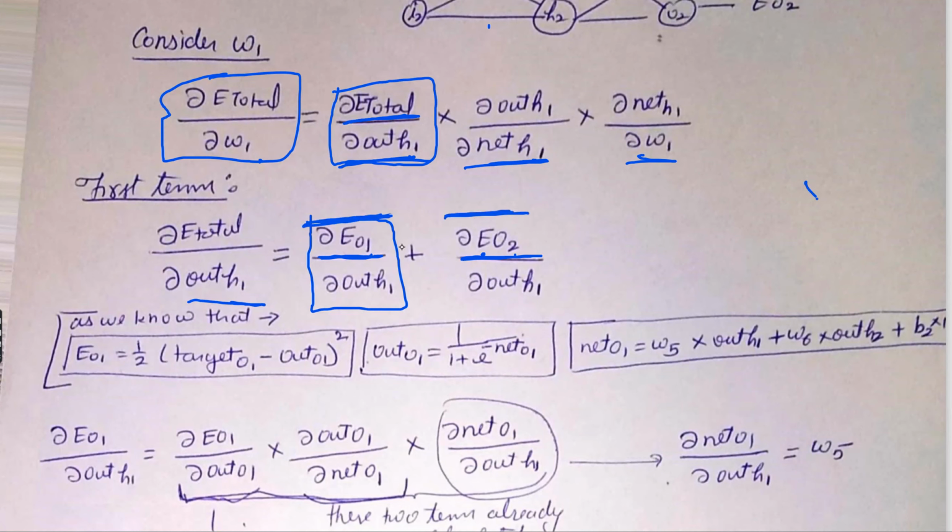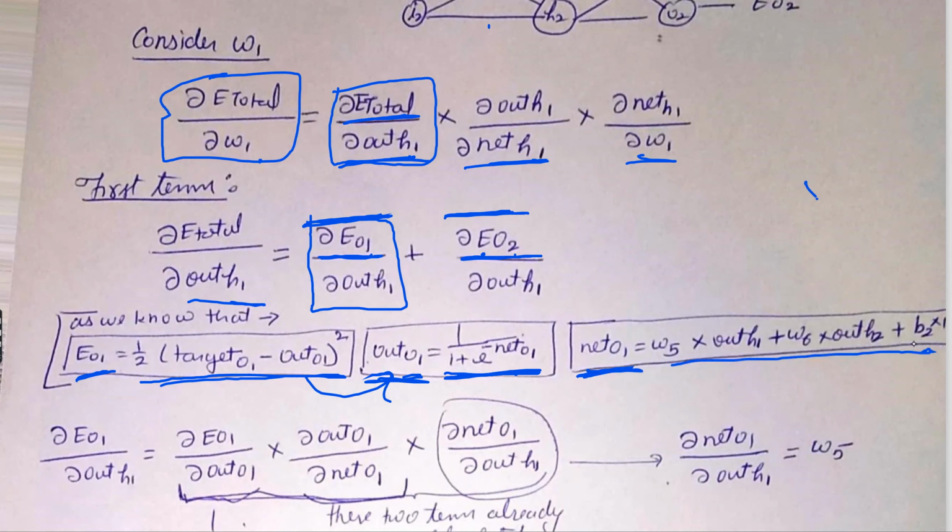We will partially differentiate with these errors. Error O1 was calculated with the formula 1/2 (target of O1 minus output of O1) whole squared. And output of O1 we calculated earlier with its formula, and net O1 we calculated with the help of this formula.